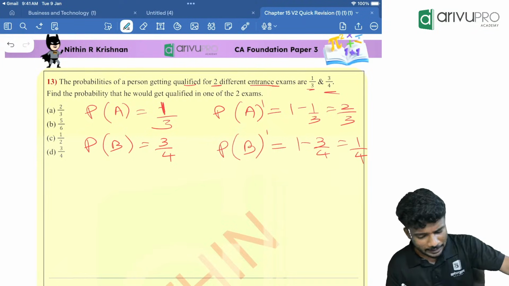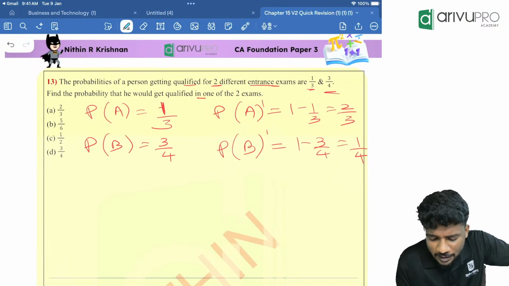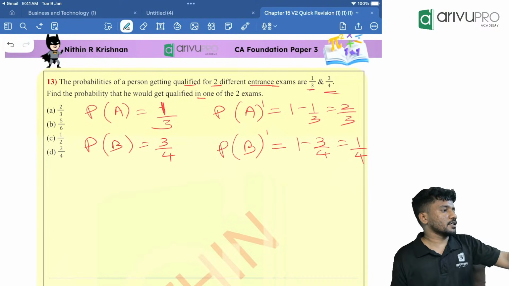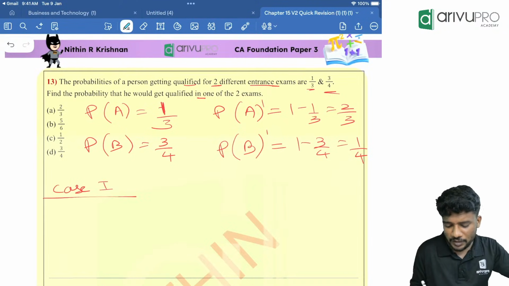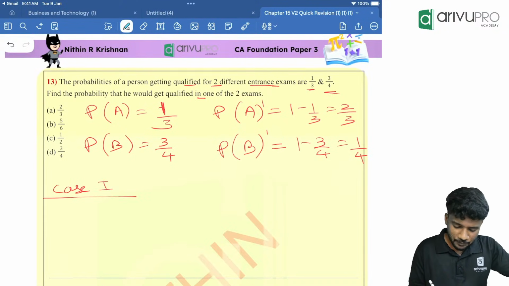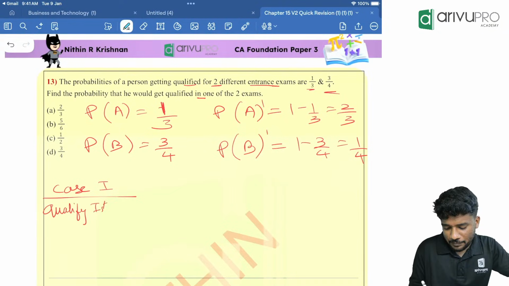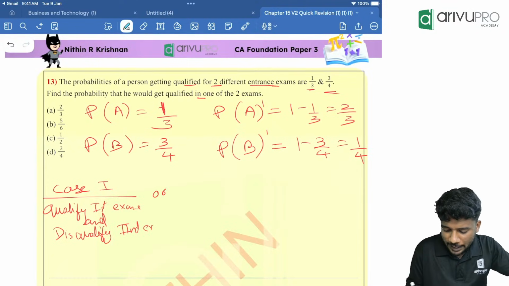Find the probability that he would get qualified in one of the two examinations. One of the two examinations means case 1 I'll take. First case. He qualifies the first exam and disqualifies the second exam. Okay. Or case 2.